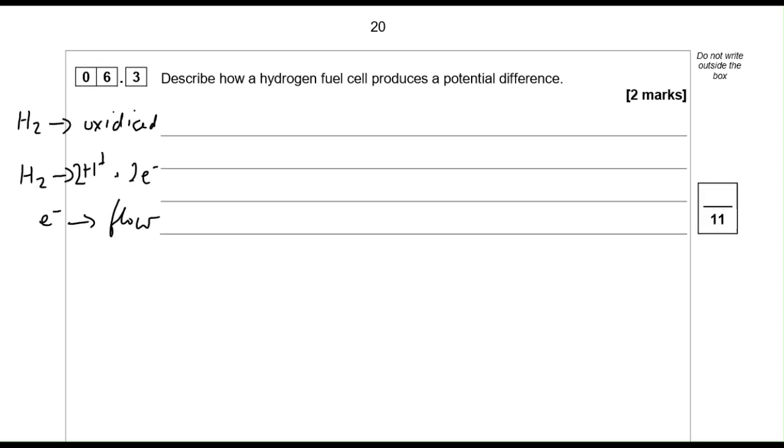So the hydrogen reacts, so the hydrogen is oxidized. And here's a simplified equation of that. OIL RIG, remember that. Oxidation is loss of electrons, and this creates the flow of electrons, the potential difference. And then the oxygen's involved by being reduced, picking up those electrons. And again, a simplified equation of the reaction producing water.